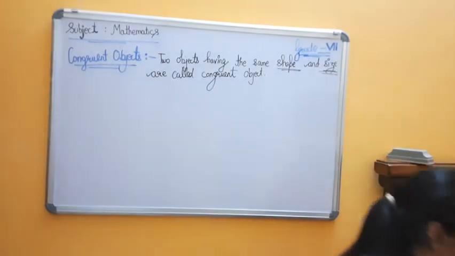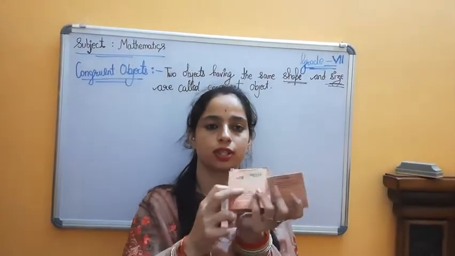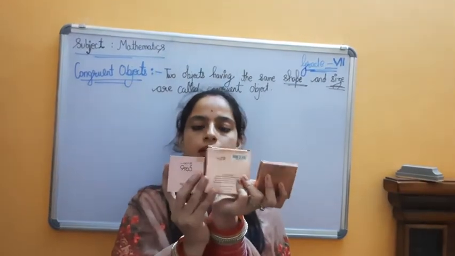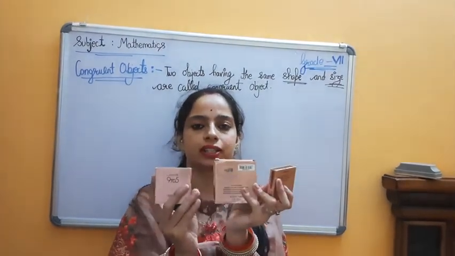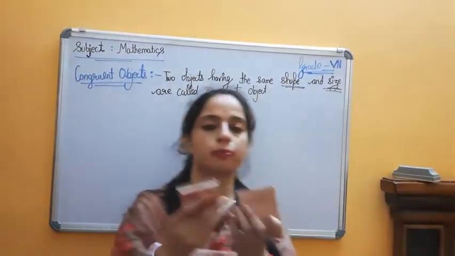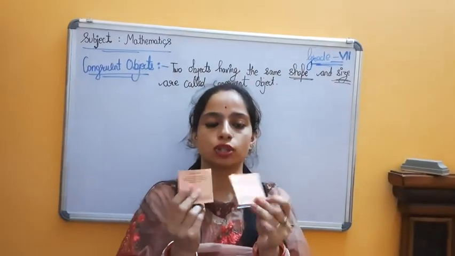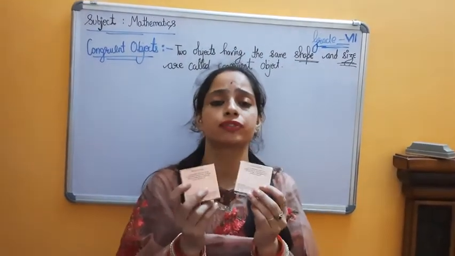Let's take an example. I'm having here three boxes, okay. All are rectangles. But now if I'm taking these two, these have same shape and same size also. How do I know that these have same size?